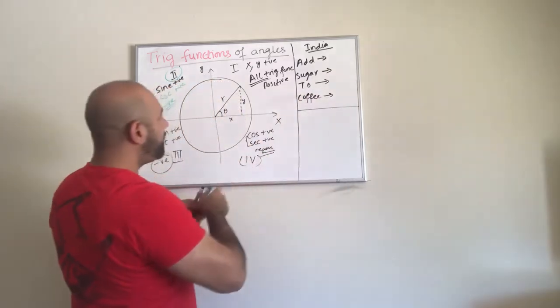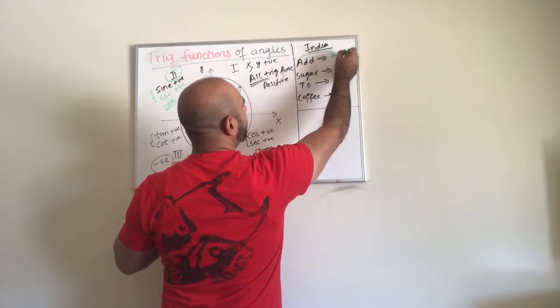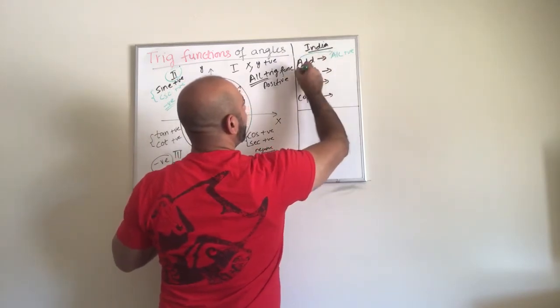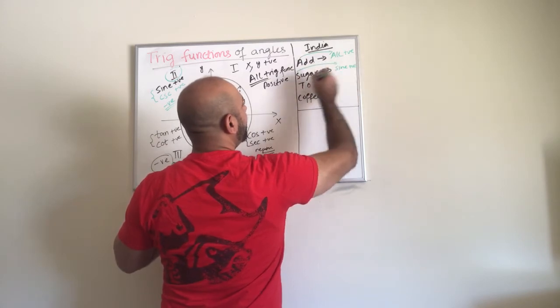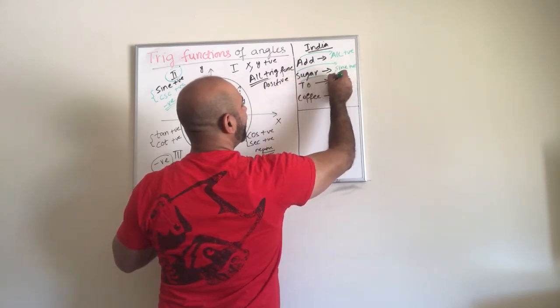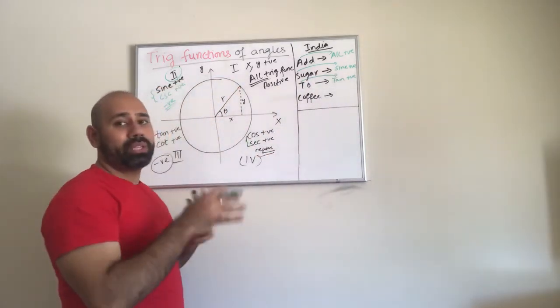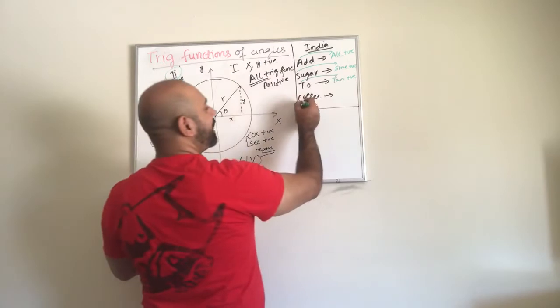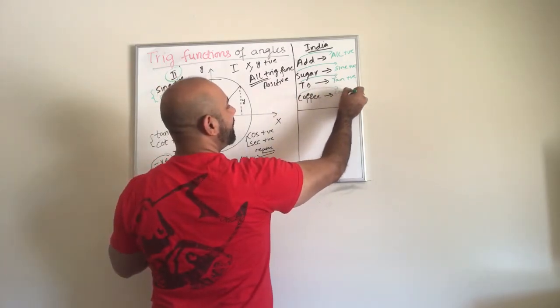So Add means you take the first initial here: all are positive. Here you take the first initial: only the sine is positive. Here, again the first initial: only the tangent is positive. Of course, if only tangent is positive, then everything else is negative. And for the last one, the Coffee one, the C: only the cosine is positive.